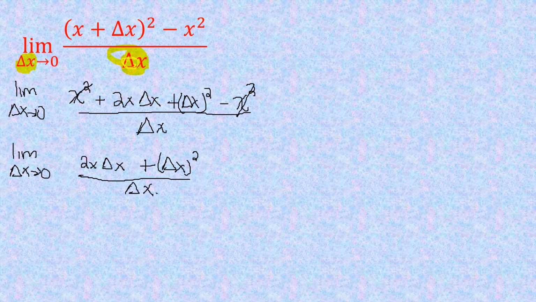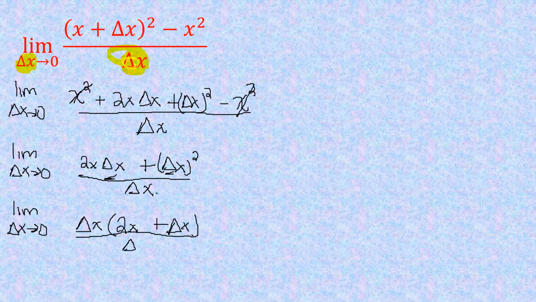Okay, if I try to do a direct substitution and delta x is 0, I get 0 here, and 0 at the bottom, so I get 0 over 0. So what can I do? I have to use some algebraic manipulation. So therefore, we're going to factor out a delta x. So we factor out delta x, and we're left with 2x plus delta x all over delta x.